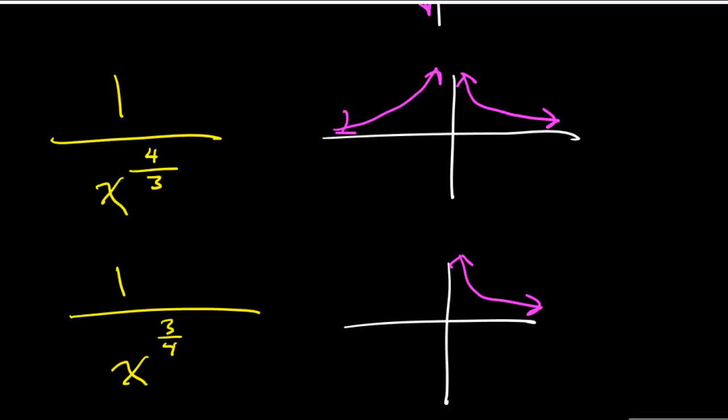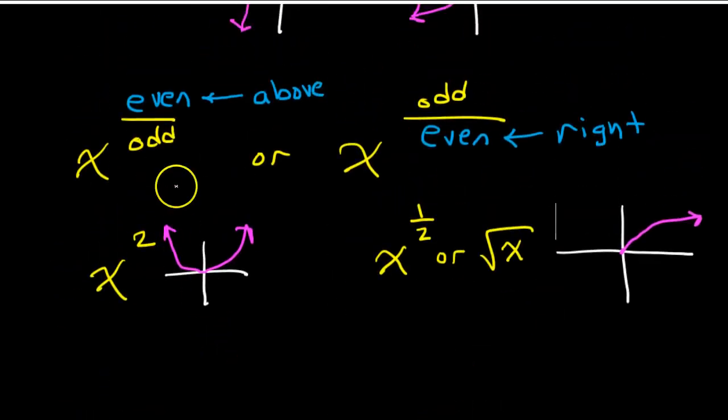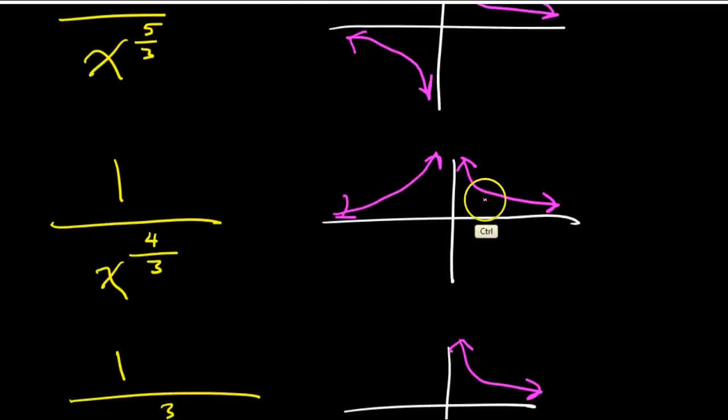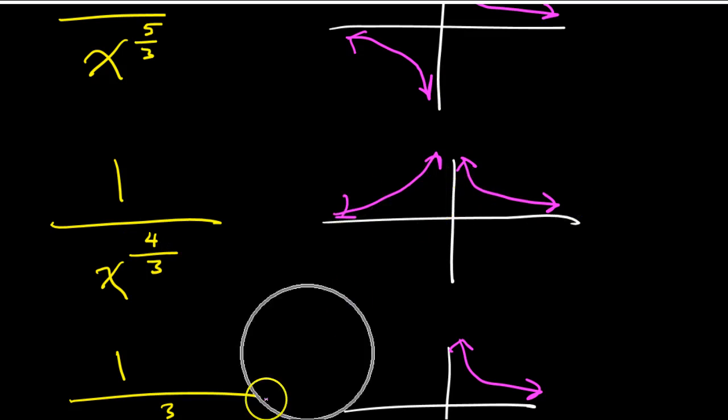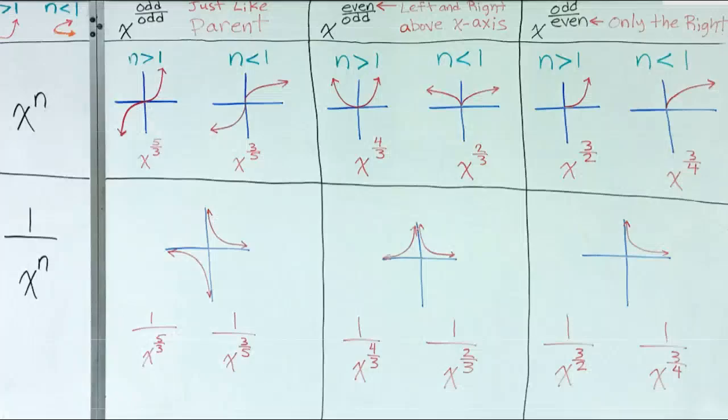Okay, and what we said was when we have an even number in the numerator of the power, that's when we have to stay above the x-axis. So my example was like this middle one. 4 over 3, it looked like this. And having 2 over 1 is the same thing. Or in terms of my little chart, this is even over odd.